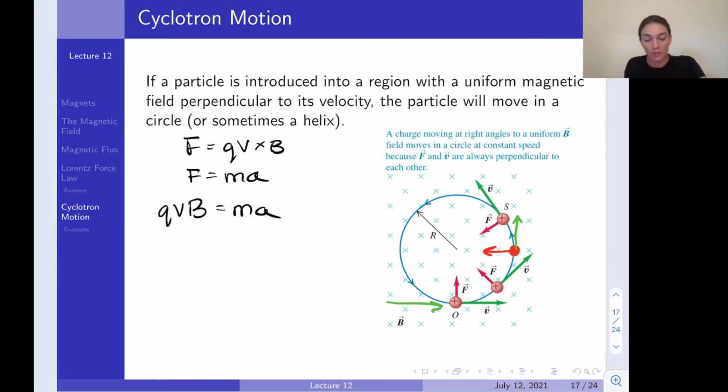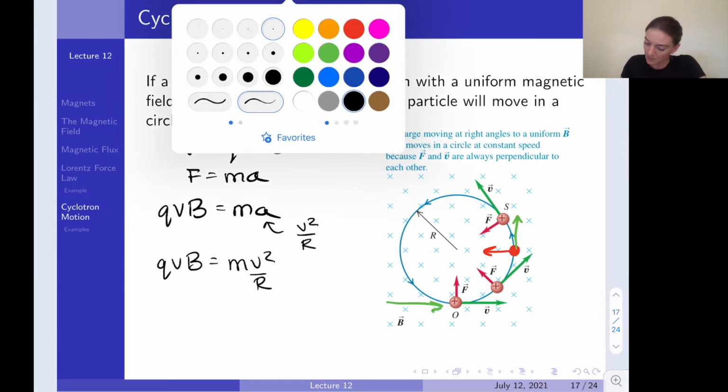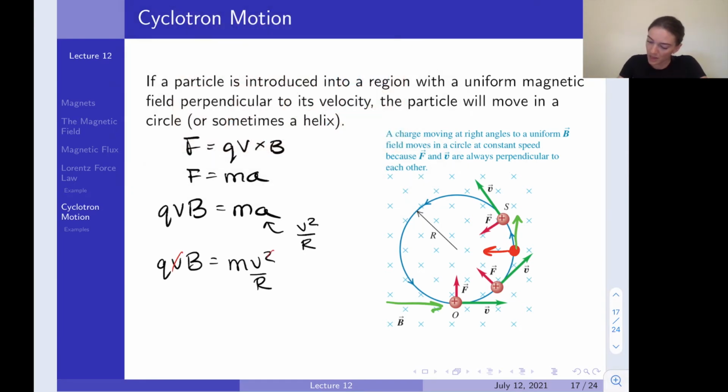Now, from circular motion, we know that for a particle moving in uniform circular motion, the acceleration will be v squared over r. So I'm going to replace that acceleration with v squared over r. So I get qvB is equal to mv squared over r, where r is the radius of the circle it traces out. Now I can see that this v and this v will cancel.